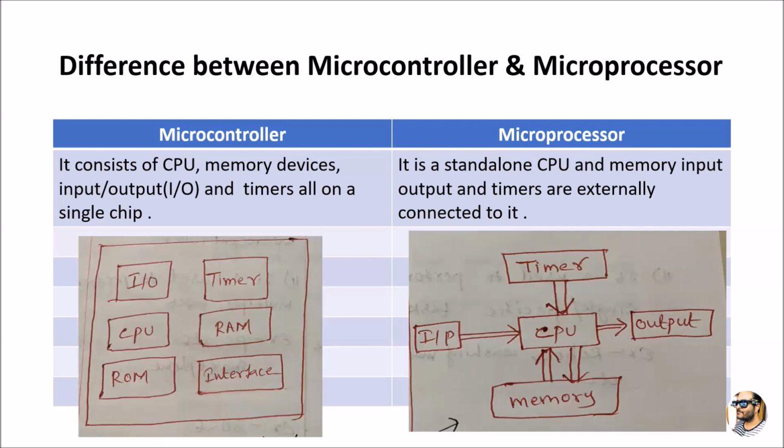If you see the diagram of the microcontroller and microprocessor, in the microcontroller, on a single chip only, there are IO ports, CPU, memory called RAM and ROM, and interfacing ports as well as timers. But coming to the microprocessor, there is a chip called the central processing unit, which is standalone, that is individual, and all the remaining IO ports or outputs, memories, timers, everything are externally connected through a bus.